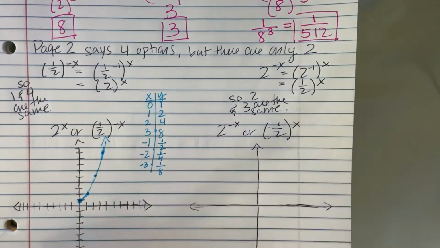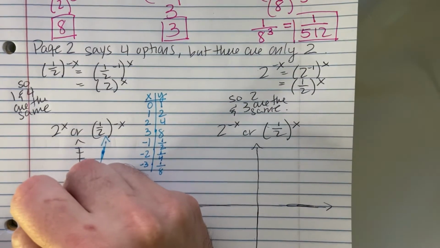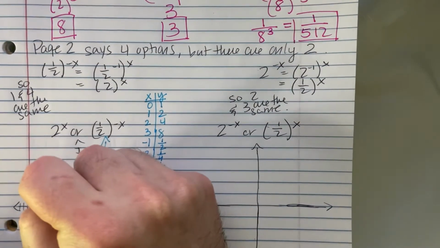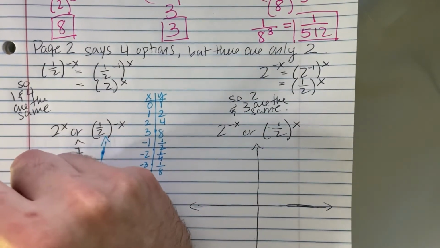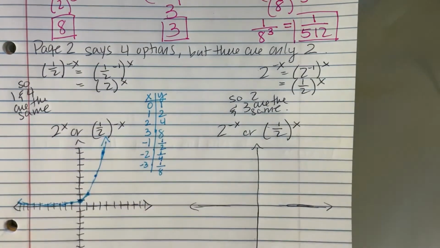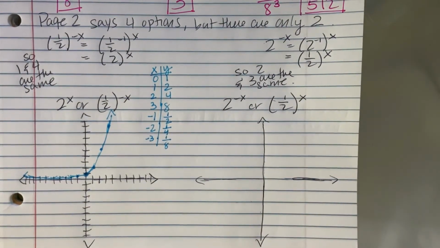These are all getting closer and closer to 0. So we've got half, a fourth, an eighth. It's really actually flattening out. Just turn them into fractions, and it flattens out. So on the right side, yes, it looks like a parabola, but on the left side, it kind of looks like it's approaching an asymptote like a rational function did. So it's kind of like a half and half.